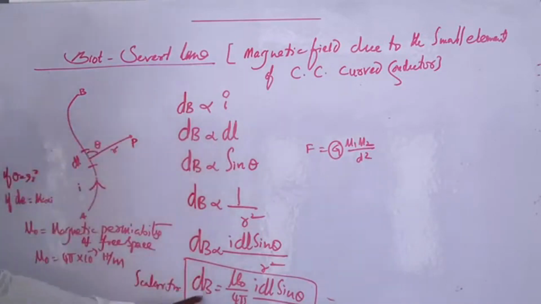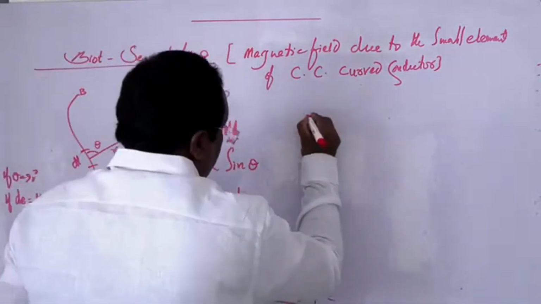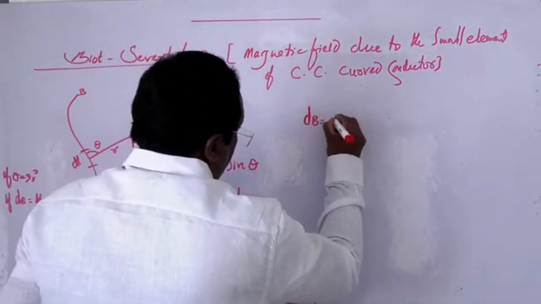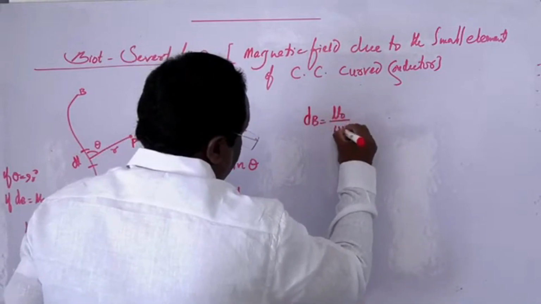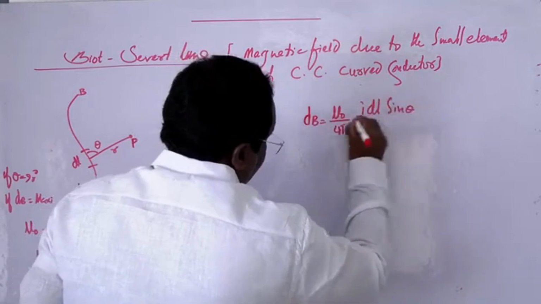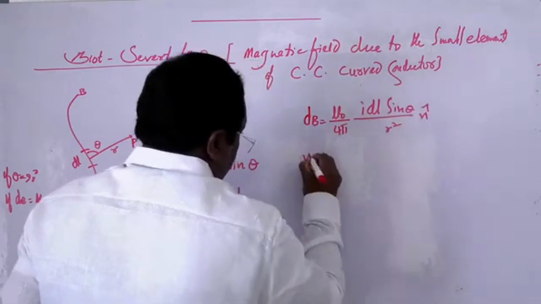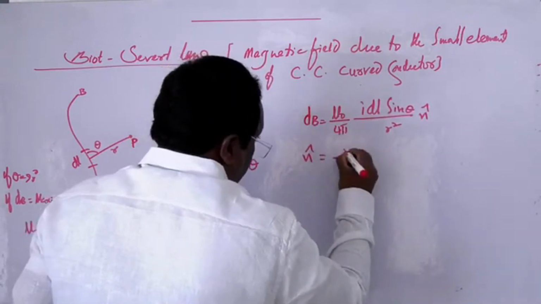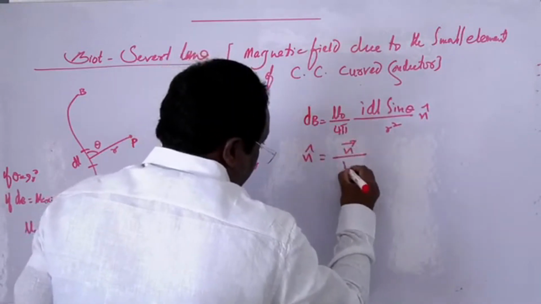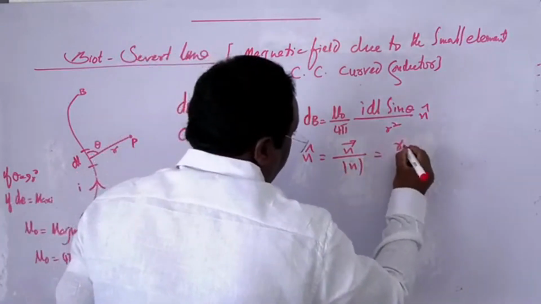So this is the magnetic induction due to a curved conductor. If you want to express it in vector form, the given equation is multiplied with the unit vector. dB is equal to mu naught by 4 pi, I dl sin theta, times the unit vector. How can we write the unit vector? The vector r by its magnitude.